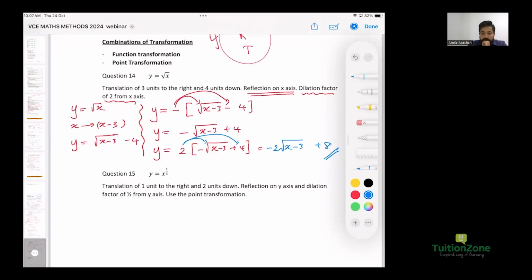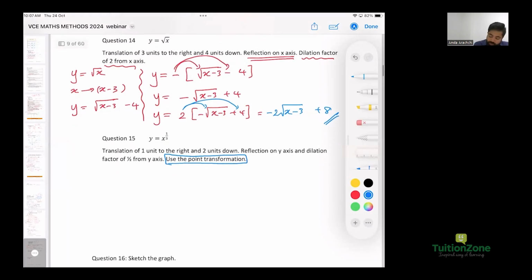Okay, 14 is done. 15. What's this one? Translation. As a practice, can we try this question only using the point transformation? Point transformation means the coordinates, like x comma y. Which is start the question with the x comma y.